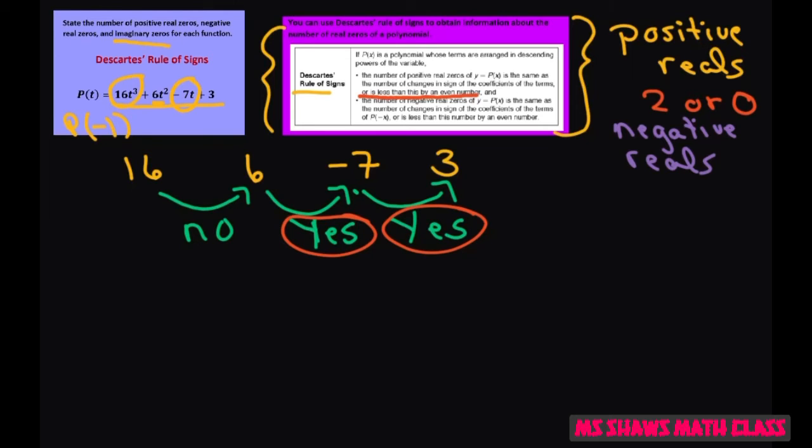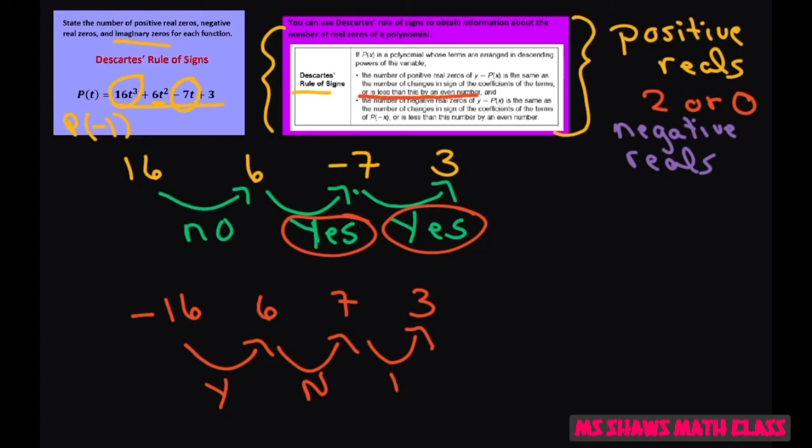So if I plug in negative 1, I'm going to get negative 16, I still have the 6, positive 7, and 3. If you look at the sign changes, this is a yes, and these are no's. So you only have one negative real. So 1 is your only answer for that.